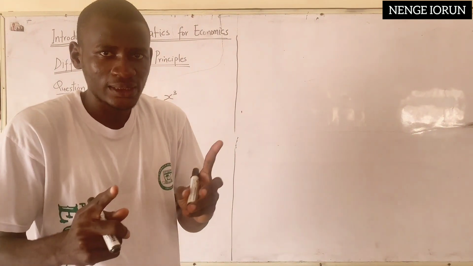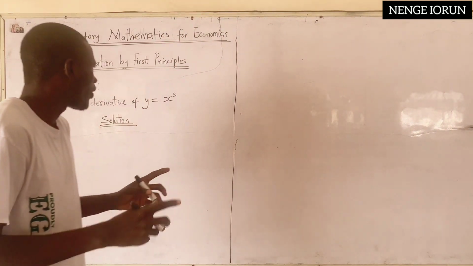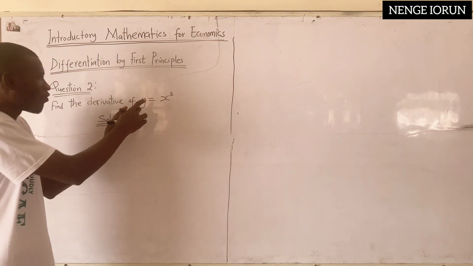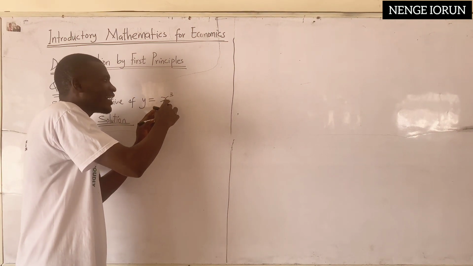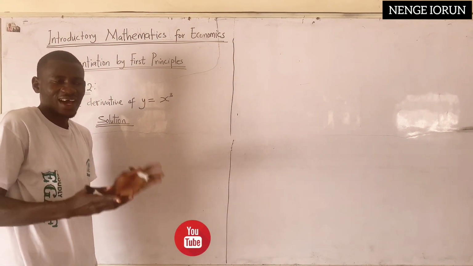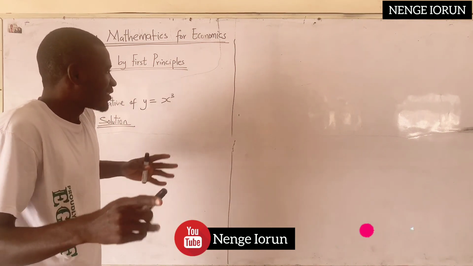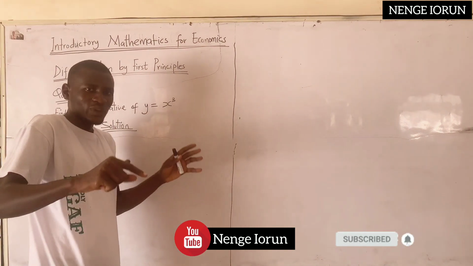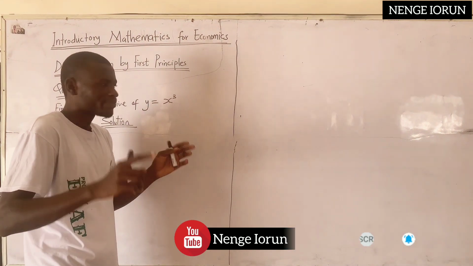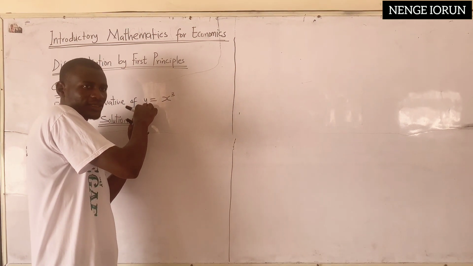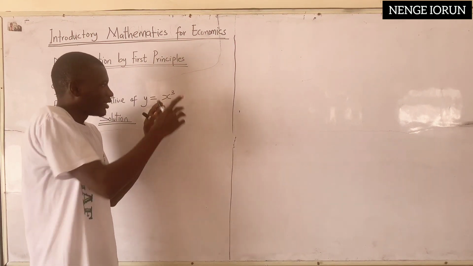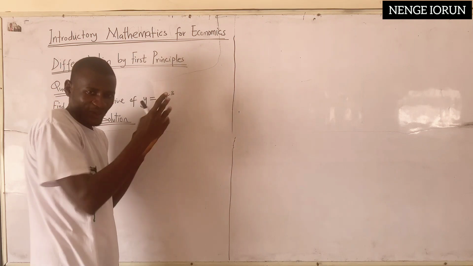Still by first principles. So now you have: find the derivative of y equal to x cubed. Just as I said earlier, I'm using the capital letter delta. So the first step is y plus delta y, x plus delta x.